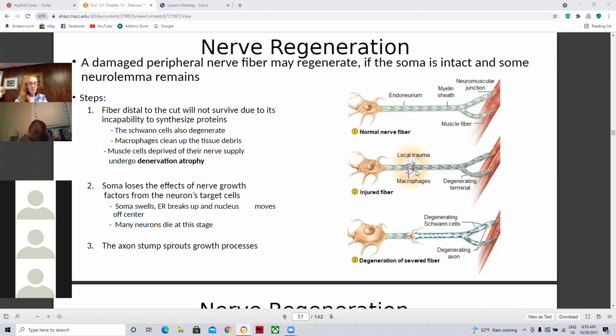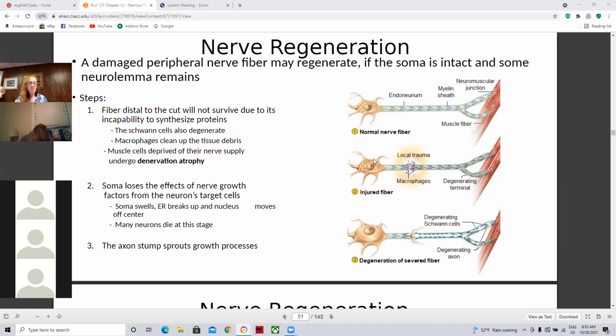The muscle cells that are deprived of their nerve supply will undergo denervation atrophy. Because the target cells of a neuron stimulate and secrete some growth factors back to the soma of the neuron, the soma will lose some of the effects of those growth factors, and the soma can swell.